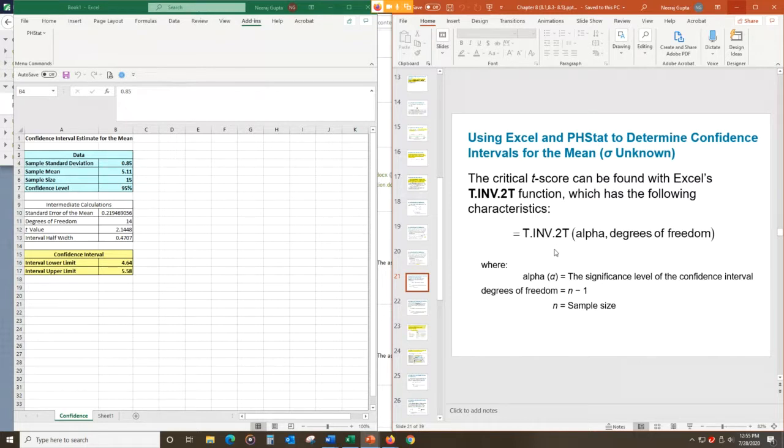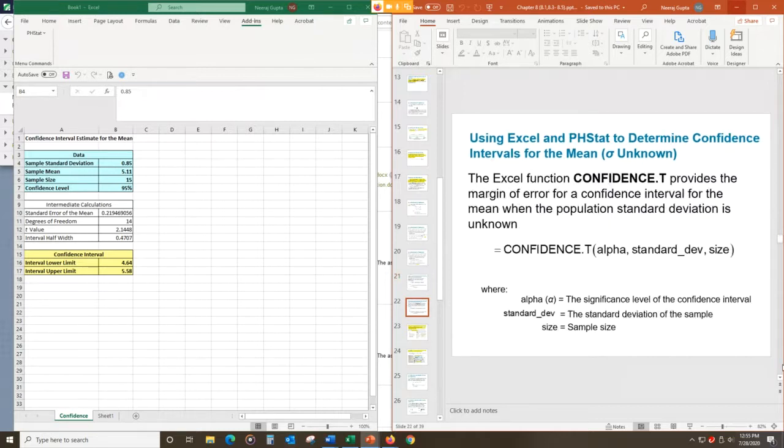This gives you the critical value, which we have already got in the intermediate calculations, which is 2.145. So you can skip all these things and PHStat becomes much easier. CONFIDENCE.T is used for the margin of error, which we do not need. We will just get it from here, interval half width, which is 0.4707.